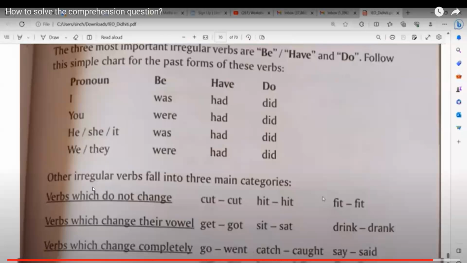Okay, now Rajdeep, can you give me an example with you and were? You were going to the school. Okay.